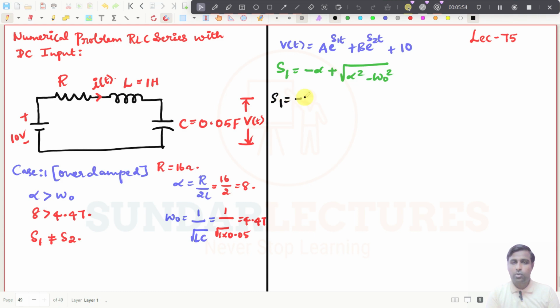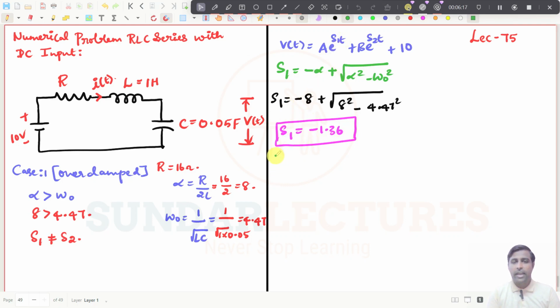S1 is equal to minus 8 plus square root of 8 square minus 4.47 square. If you simplify this, you will get S1 equal to minus 1.36, and this will be the S1 value now.